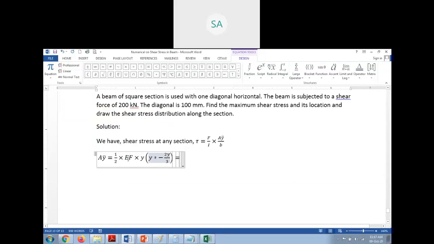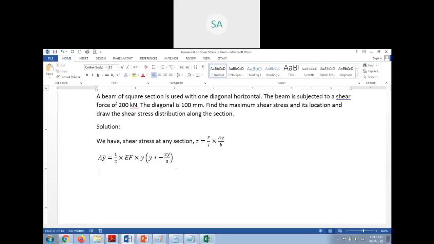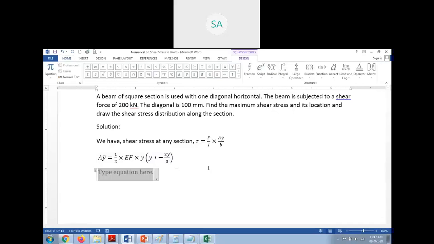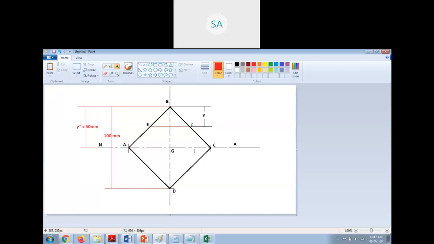Now I have to find this EF. In this triangle we have done all these things yesterday. ABC and EBF are similar triangles. So I can write EF by AC is equal to y by y star, where y star is this height BG.